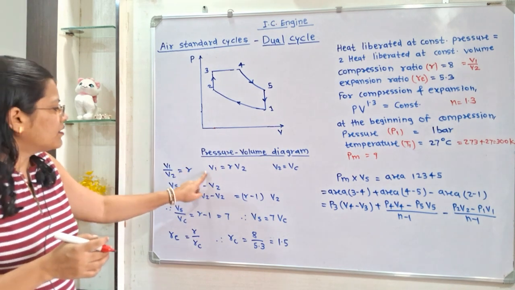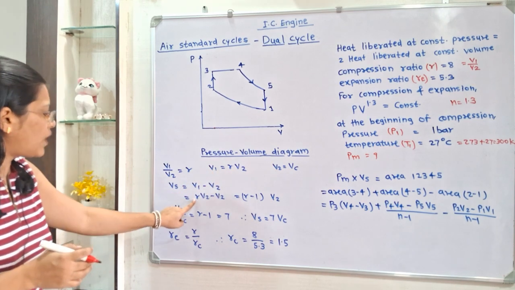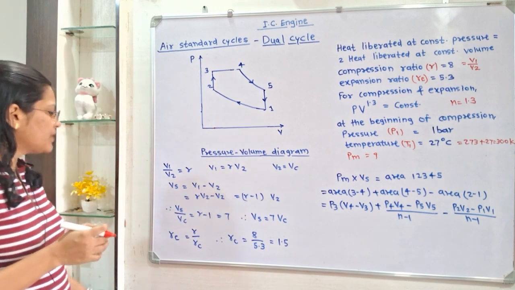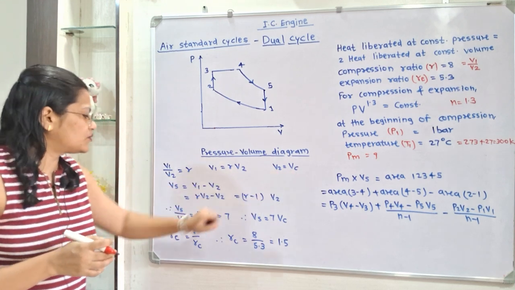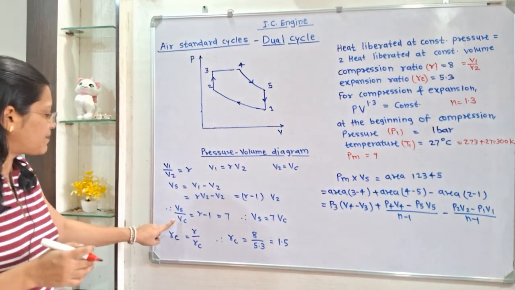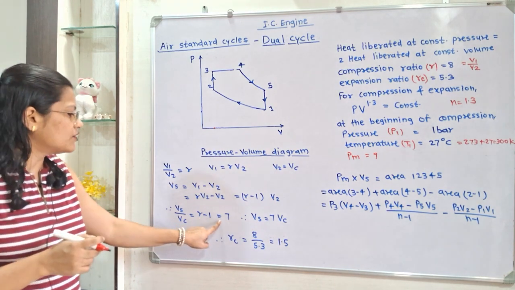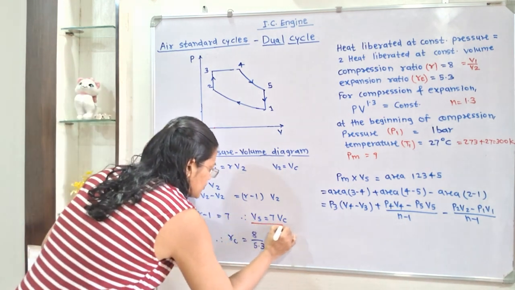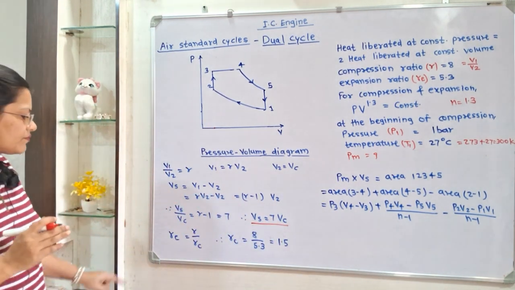We replace V1 with RV2. So, RV2 minus V2 is equal to (R minus 1) V2, and V2 is known as Vc, the clearance volume. So, Vs by Vc is equal to R minus 1. R is 8, so this is equal to 7. So, Vs is equal to 7 Vc. This is the relation between Vs and Vc.